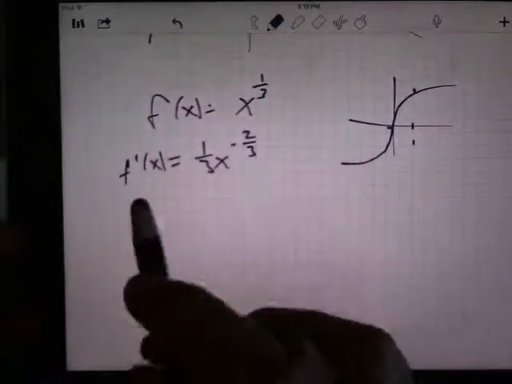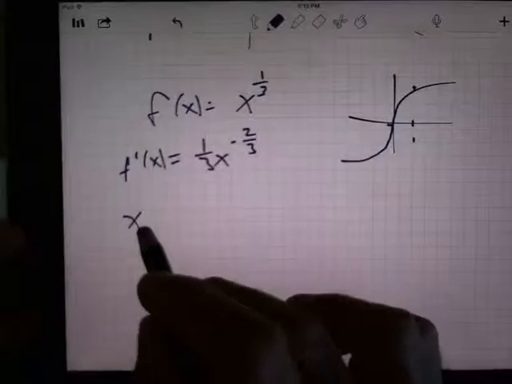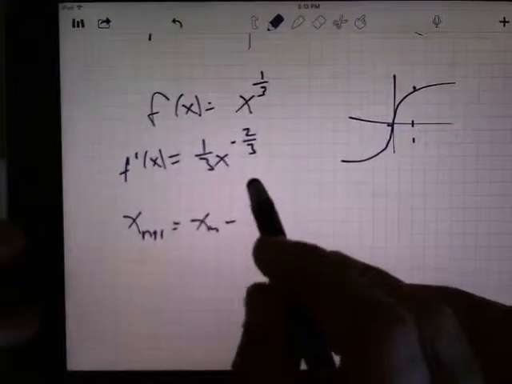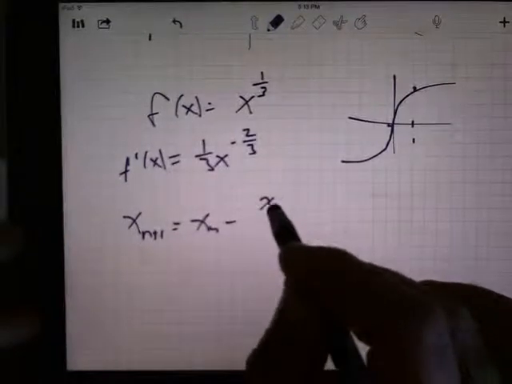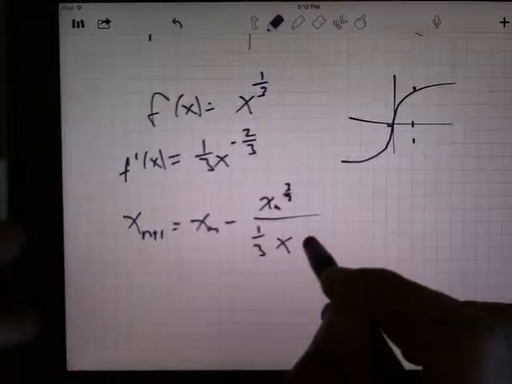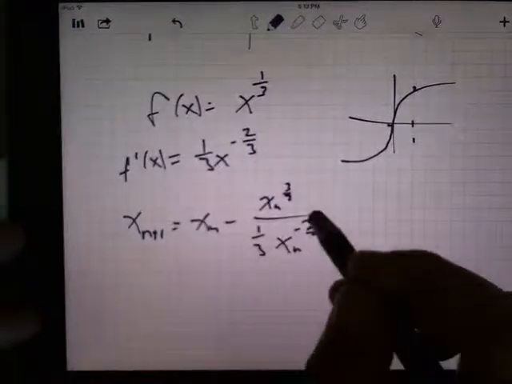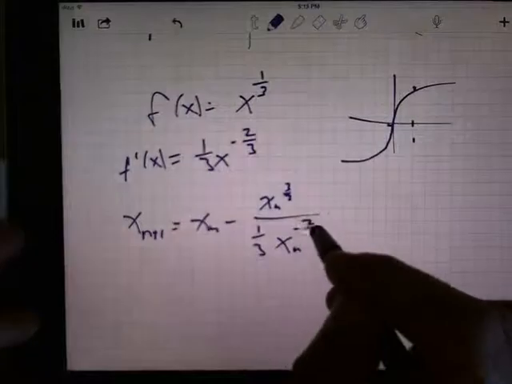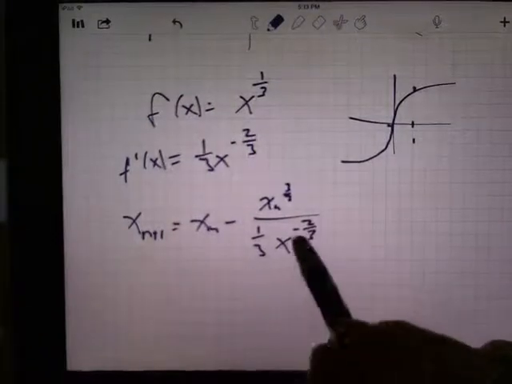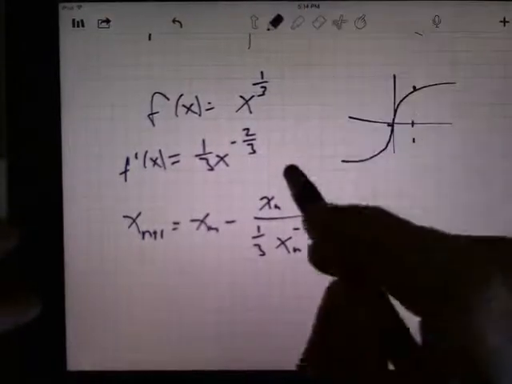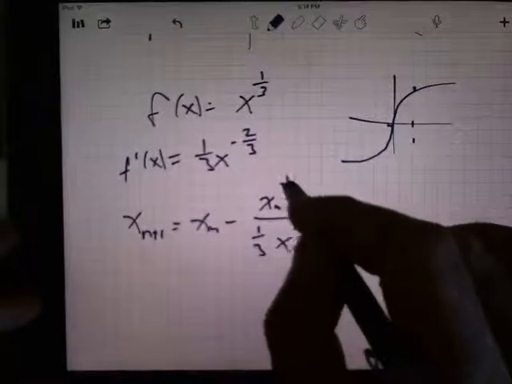So when I do Newton's method formula here, x n plus 1 equals xn minus the function at xn, so xn to the 1/3 power, divided by 1/3 xn to the negative 2/3 power. So it's a 1/3 power on the top.